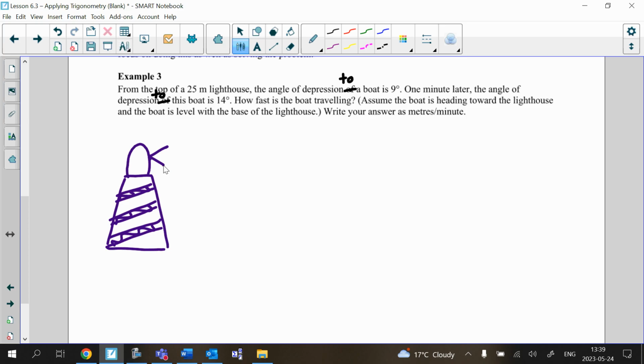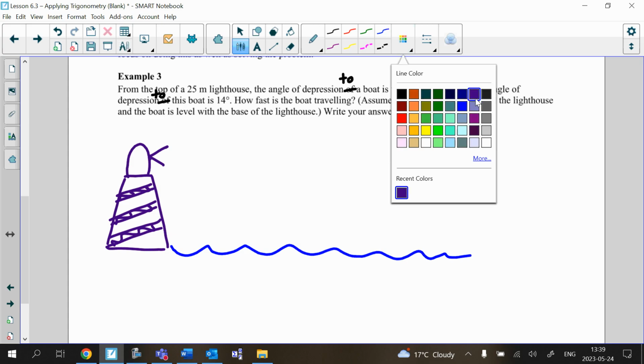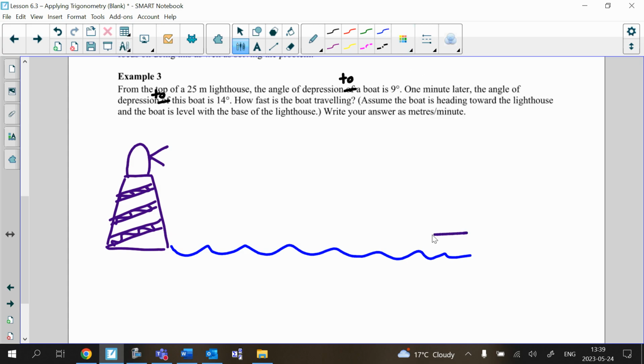And then out on the water, we've got a boat where it's here at one point, and then as it's traveling towards shore, it's here at a different point. We need to find out, in order to find its speed, how long it took to get from here to here.